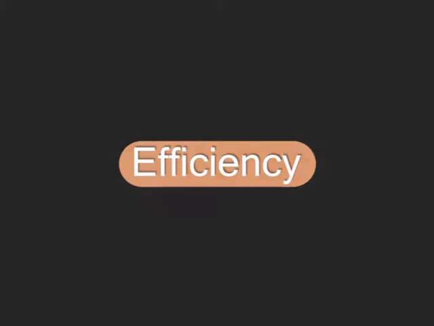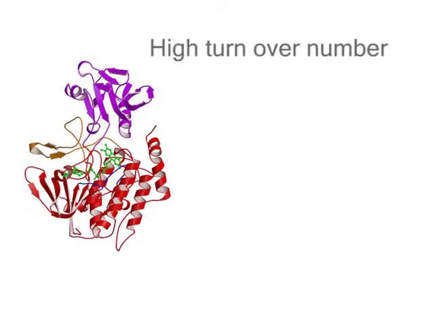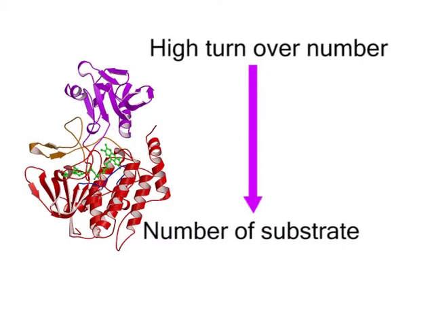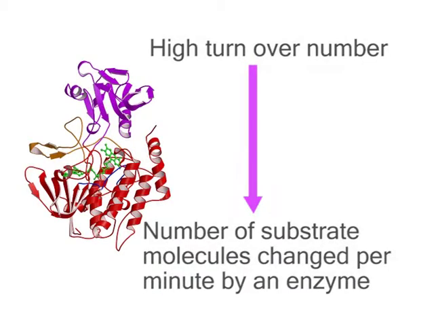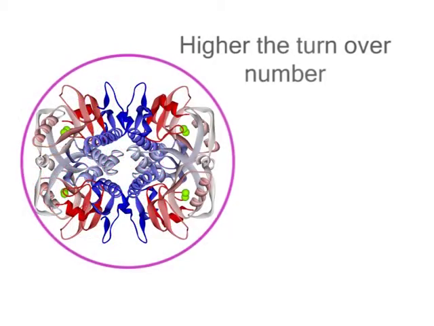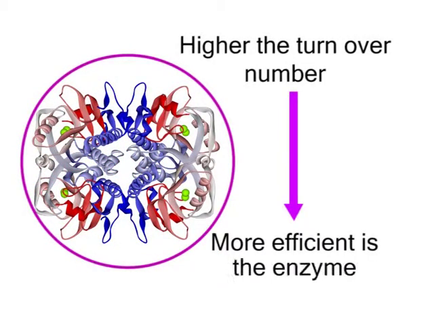Efficiency. Most enzymes have a high turnover number, which is the number of substrate molecules changed per minute by an enzyme. The higher the turnover number, the more efficient the enzyme is.